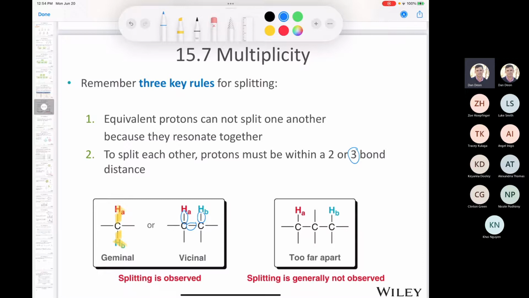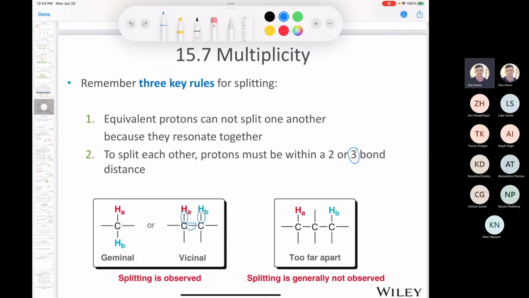We're mostly going to stick to vicinal splitting, but we will talk about geminal splitting a little bit. If you're more than 3 bonds away, 1, 2, 3, 4, it's too far away and we don't see any splitting.